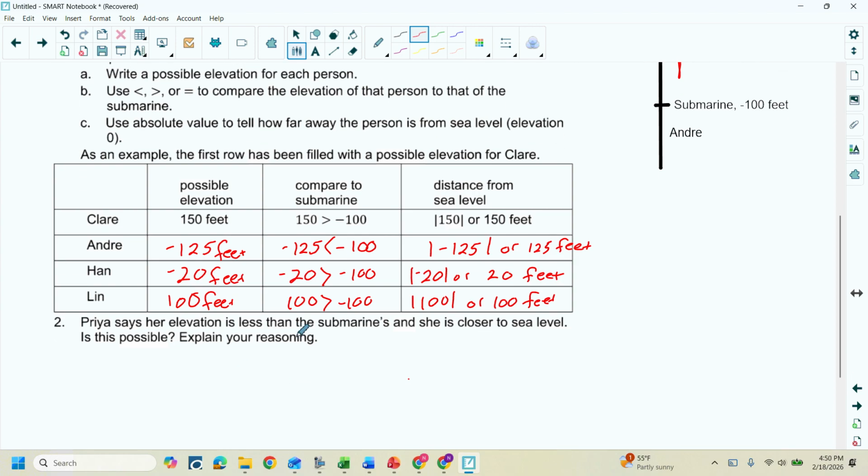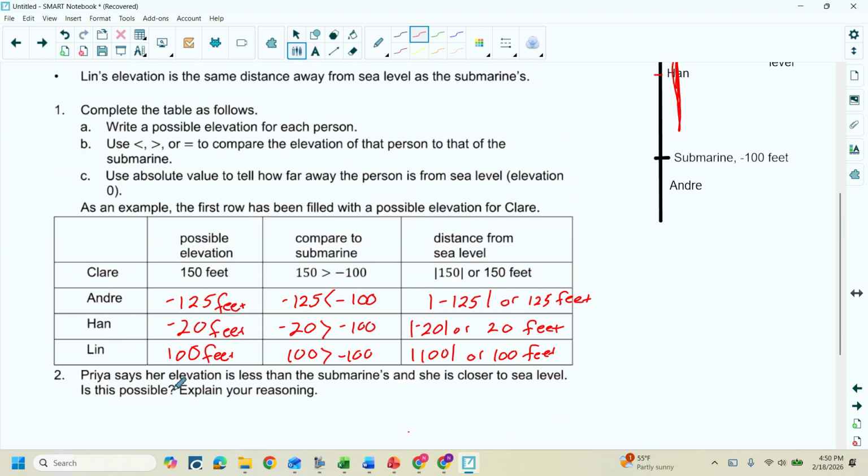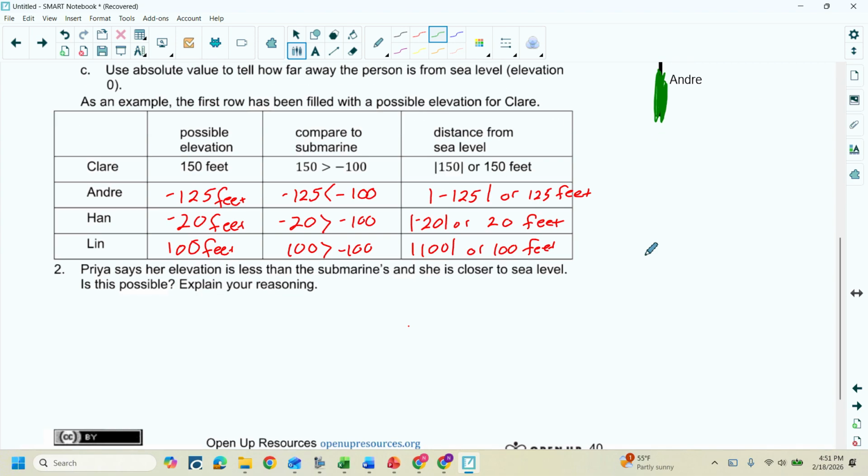Priya says her elevation is less than the submarine's, and she is closer to sea level. Is that possible? Well, if your elevation is less than the sub, then you're down here. If you're less than the sub, you're in this section. But if you're in this section, you're also farther away from sea level. So, no, it is not possible.